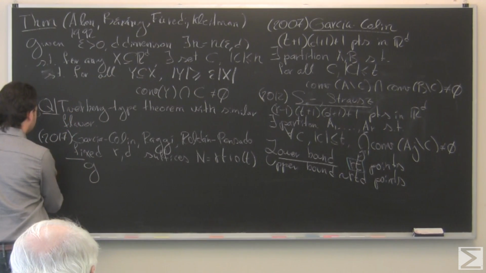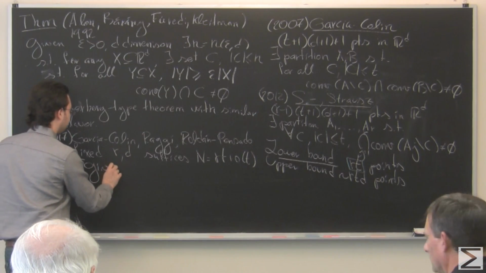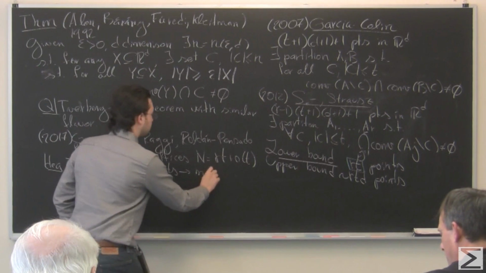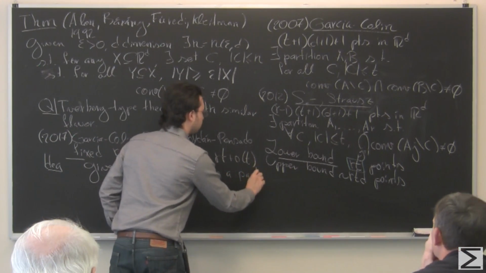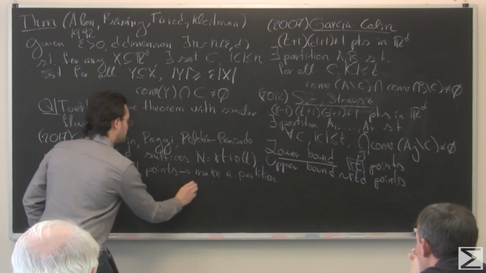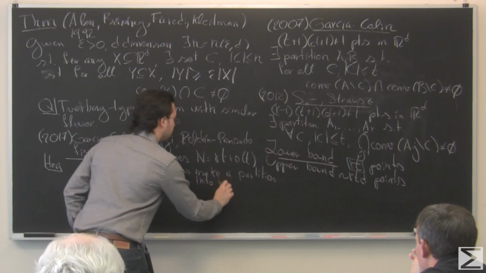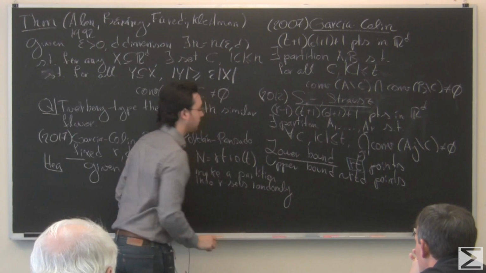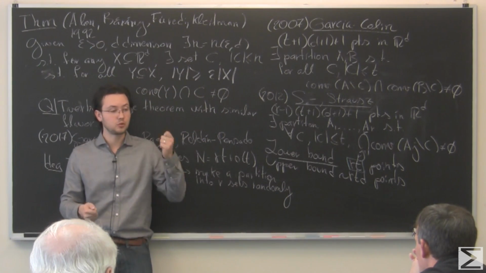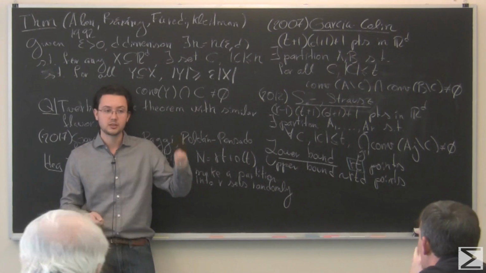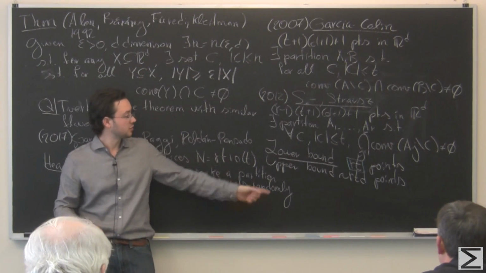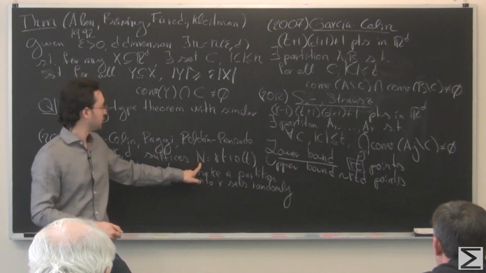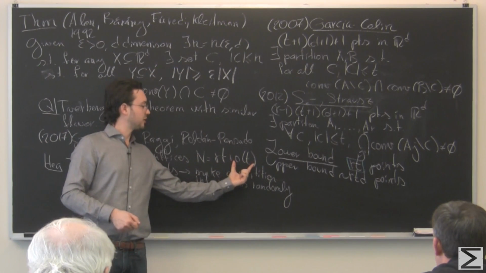So the idea here is now given n points, make a partition into r sets randomly. So you can think of having r different colors, and every point you're going to paint randomly and independently with one of the r colors, and you want to see if the convex hulls actually satisfy something like this. Okay? And it turns out that you can prove this theorem with those methods and get a much better estimate of what's going on here.